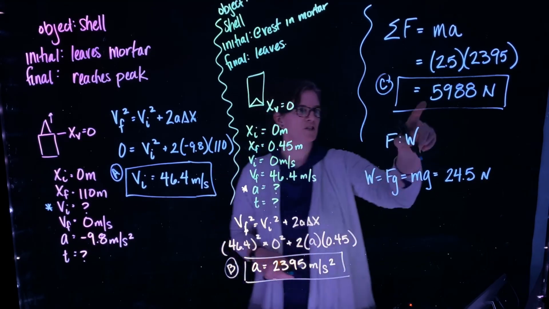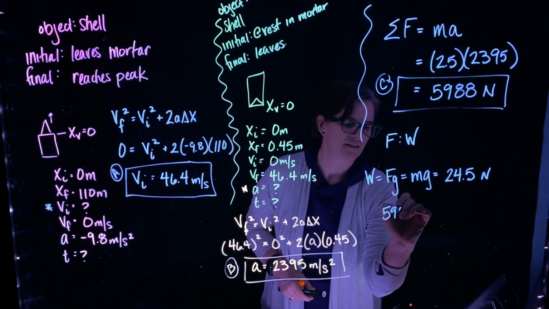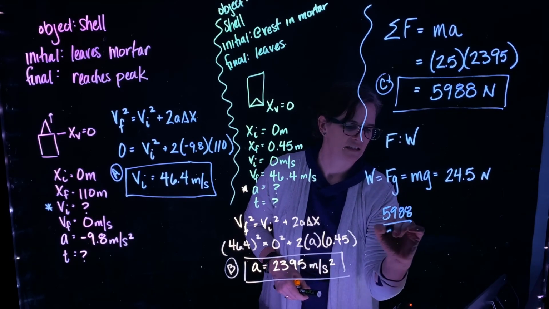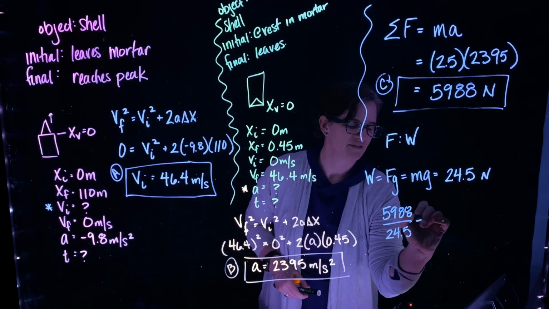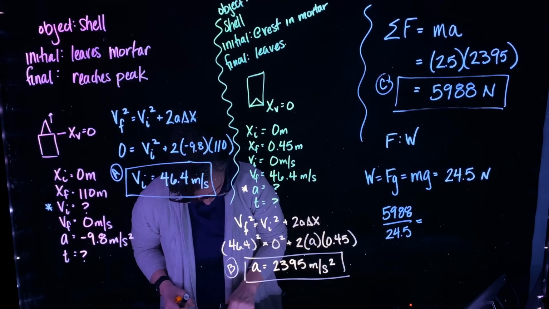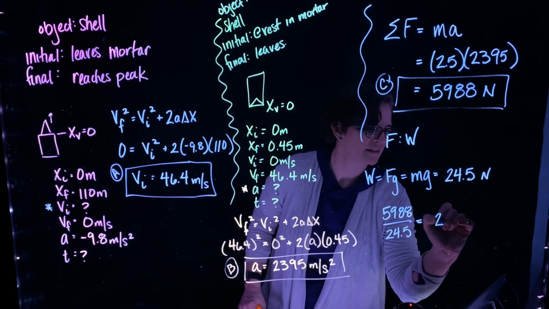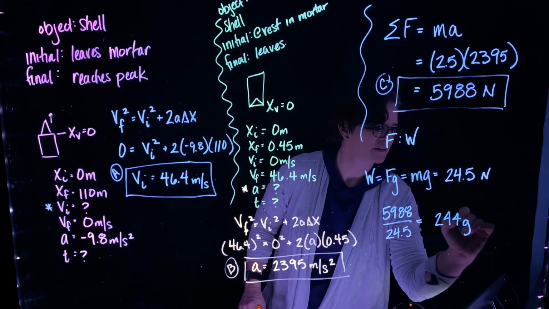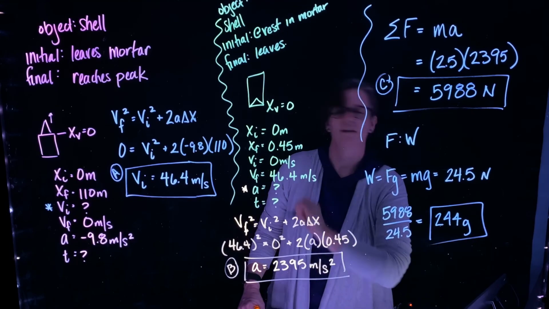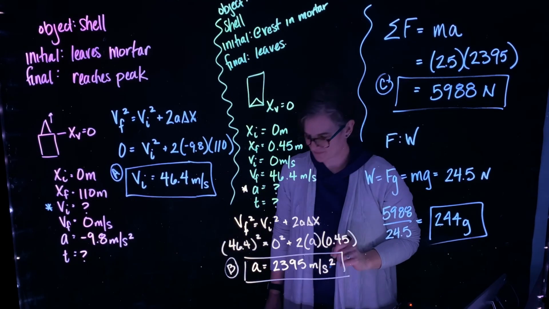So if I take a ratio of 5,988 to 24.5, 5,988 divided by 24.5, I get 244 G's of force that mortar is feeling.